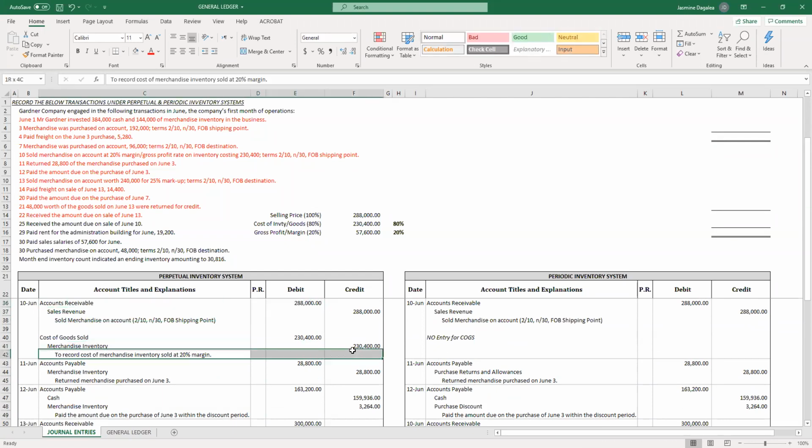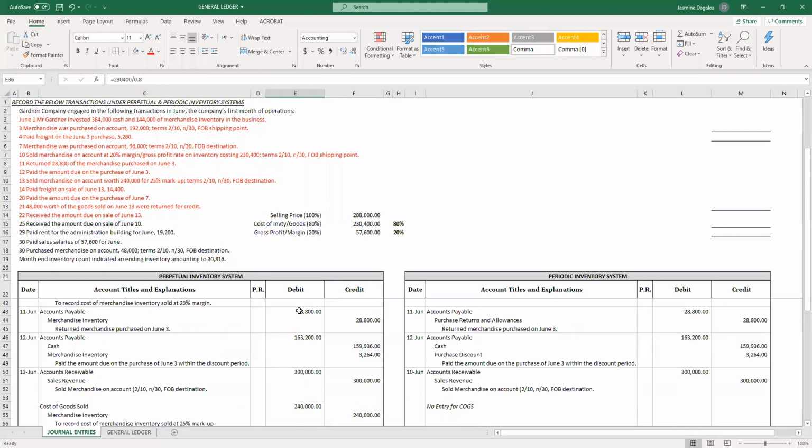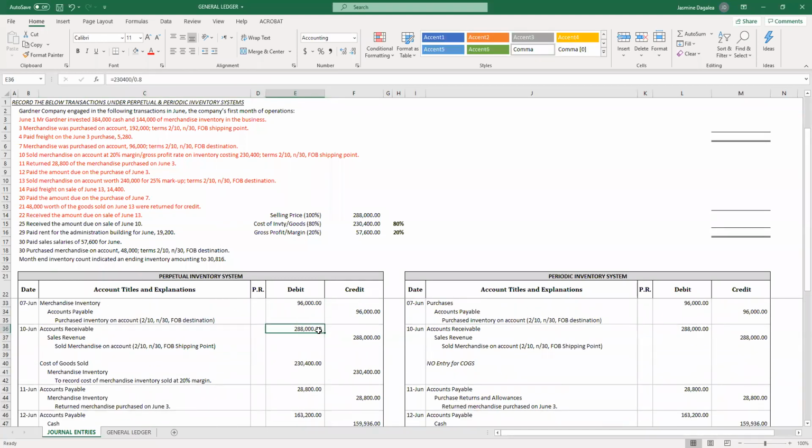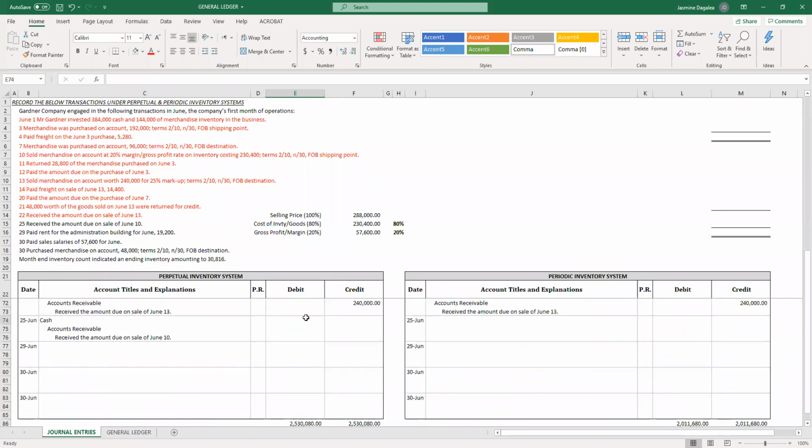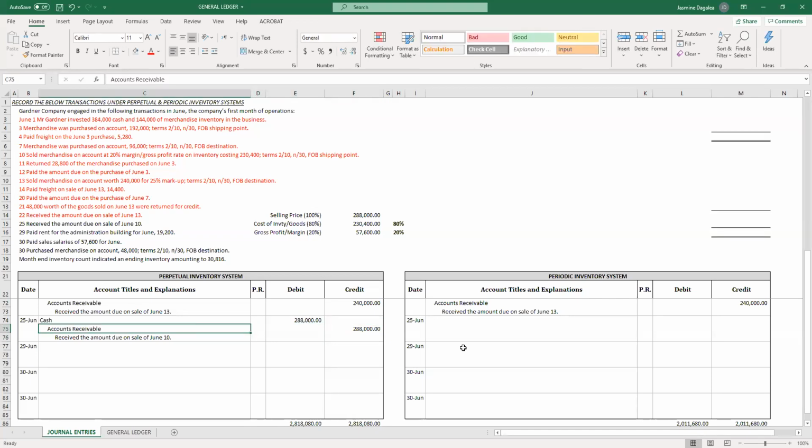Hindi yung inventory. Basta sale, when sale is involved, the accounts involved are accounts receivable and sales revenue. So, you use this gross amount. So, tatanggalin nyo na yung receivable nyo from client, 288,000, kasi babayaran na kayo. So, your entry is debit cash, credit accounts receivable.